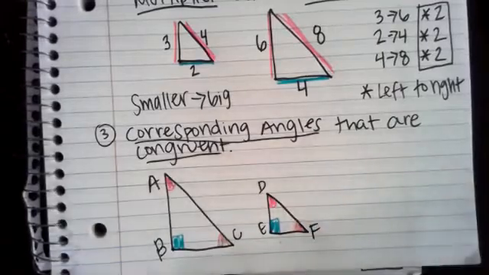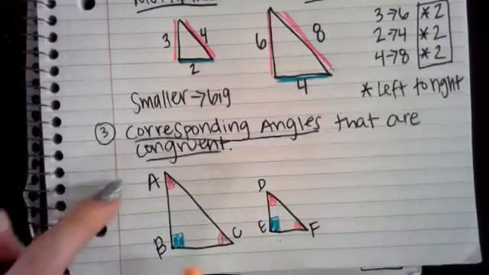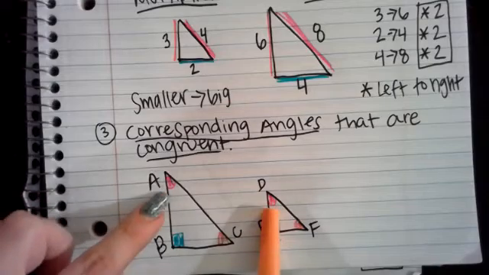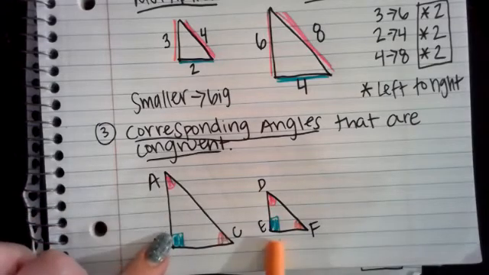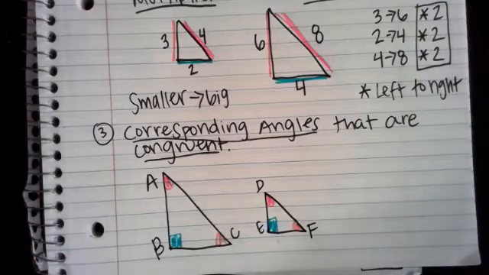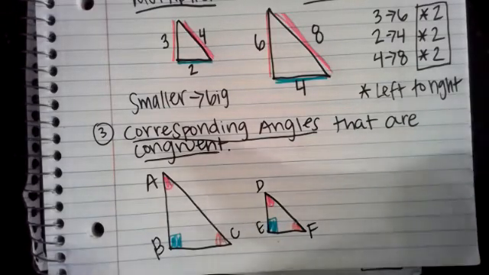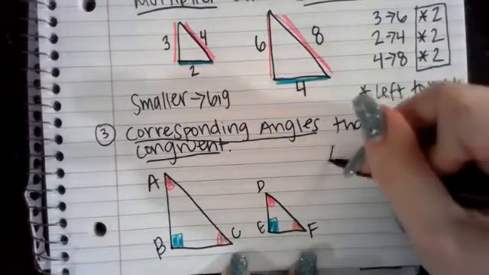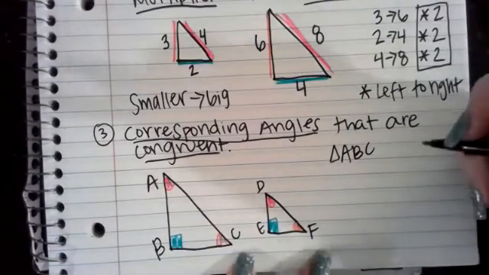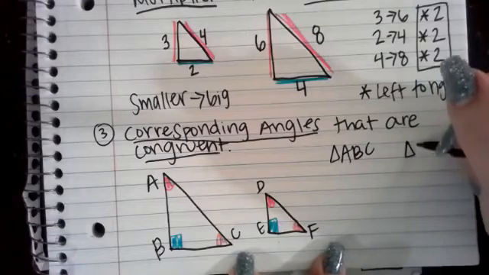If you're looking at 2 shapes and their corresponding angles are equal to each other, like angle D and angle A are the same measurement, angle B and angle E are the same measurement, angle C and angle F are the same measurement, then that's the last checkbox to determine if 2 figures are similar. So we would say that triangle ABC is similar to triangle DEF.